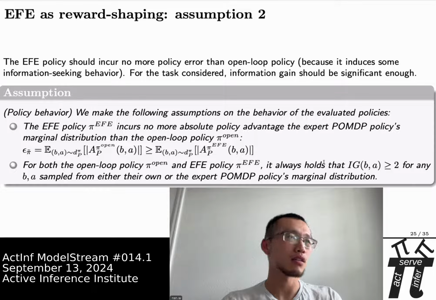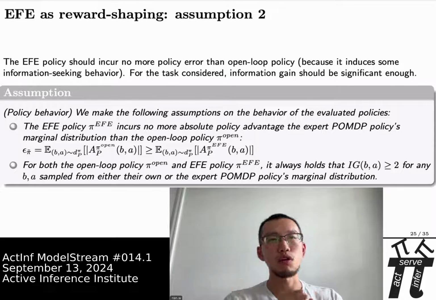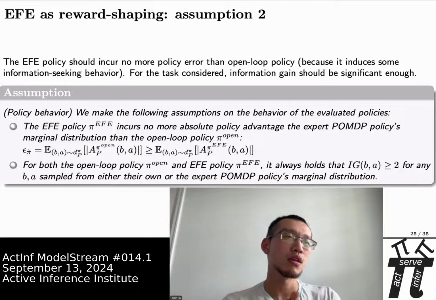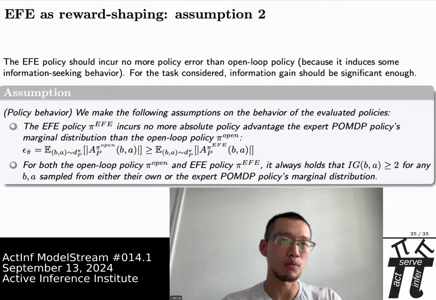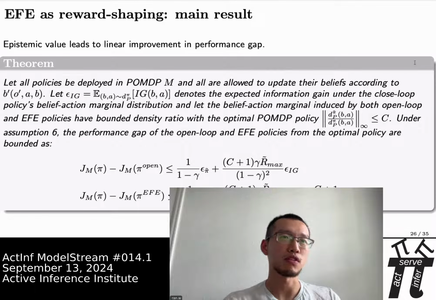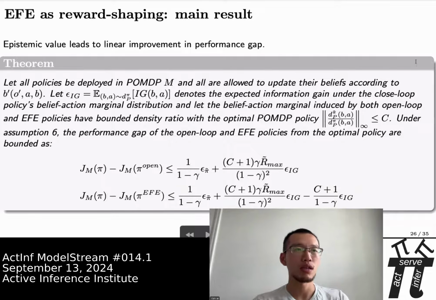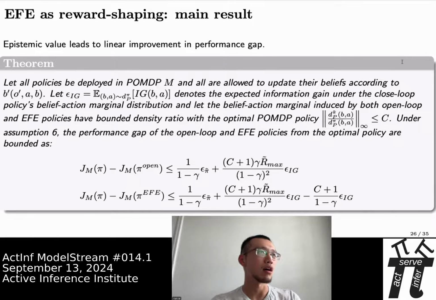The second says that the information gain value along the horizon is always going to be greater than some value. Again, these are introduced just for us to better compare the two policies. With all of these assumptions and the previous insights, we have our main result here, which gives the regret bounds for the open loop and the EFE policies.